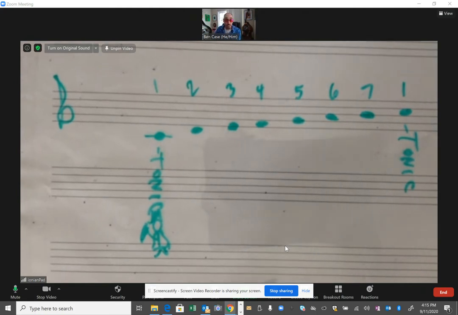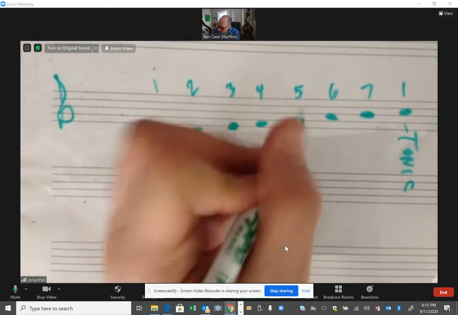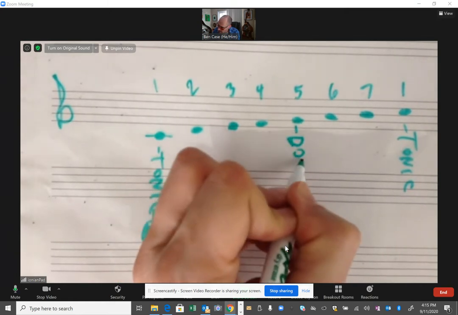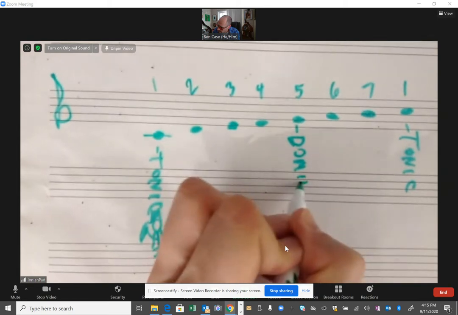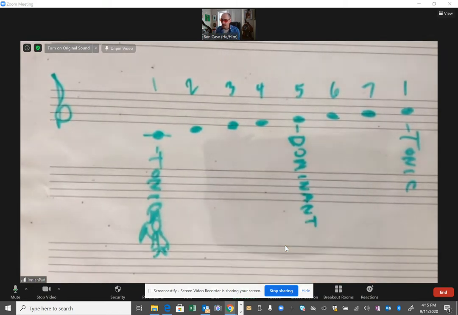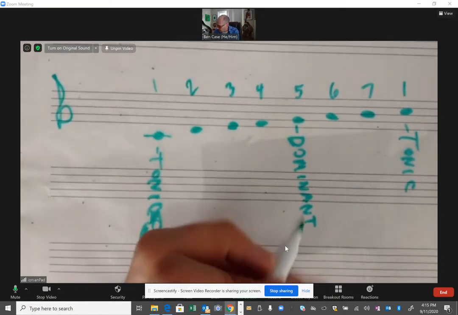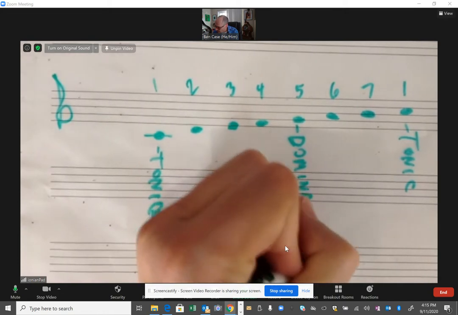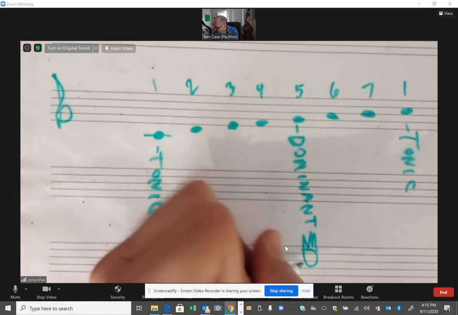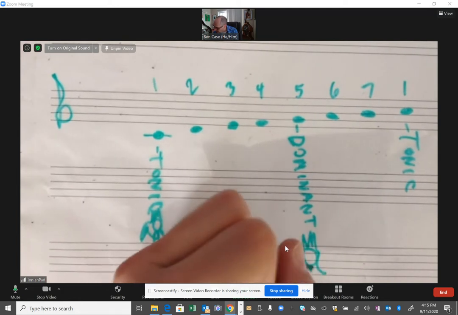Now, the next most important is going to be your 5. And the 5 is what we call the dominant. Okay? And the dominant, if you're thinking about that chess analogy, so if the tonic is your king, the dominant is your queen, right?